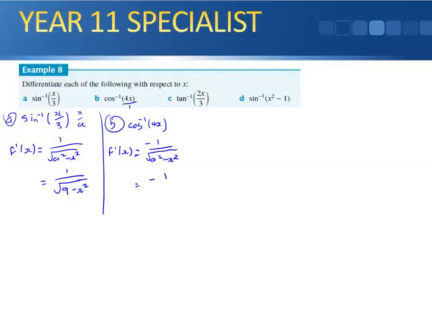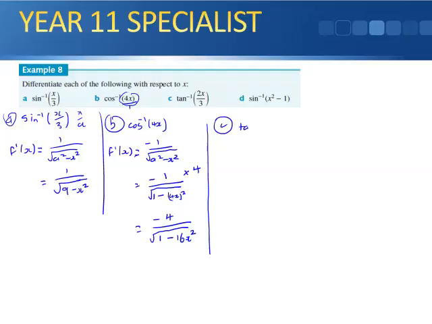So I get negative 1 divided by the square root; 1 squared is 1 minus, my x is 4x, all squared. Now because I've got the 4 in here, I'll have to times this by the 4. So there it is. Now when I simplify this, I get negative 4 over the square root of 1 minus 4 squared, which is 16, x squared.